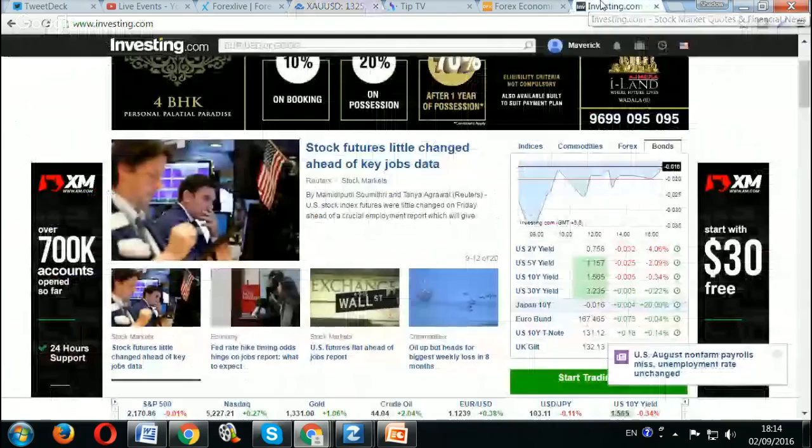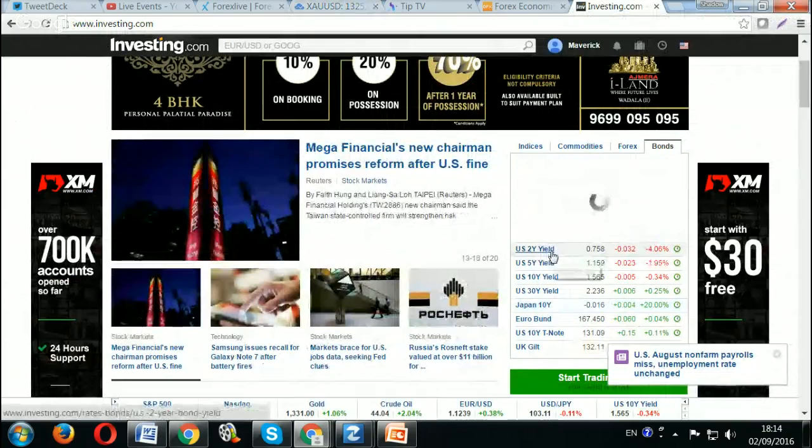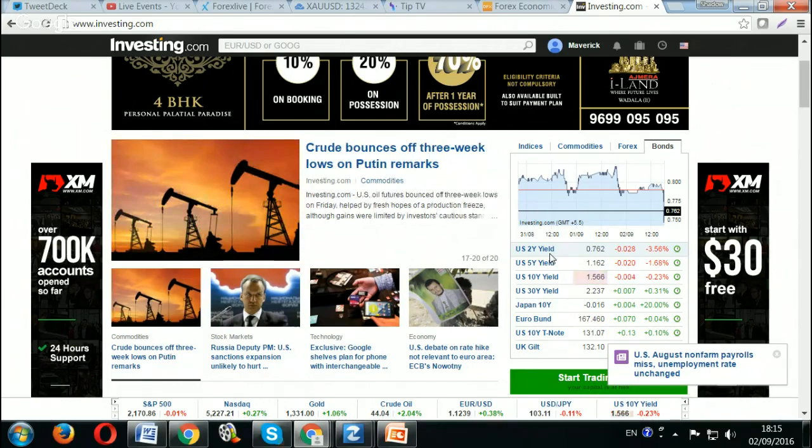Just one last look at some of the major markets. Treasury yields, again, the 2-year treasury yield is recovering now. It's down just 3.2 basis points. Keep an eye on the 2-year treasury yield, as that would give a clearer picture of how the markets are trading. If the 2-year treasury yield ends up flat or surprisingly on a positive note today, that would probably mean that markets are expecting an upward revision to the NFP figure next month.